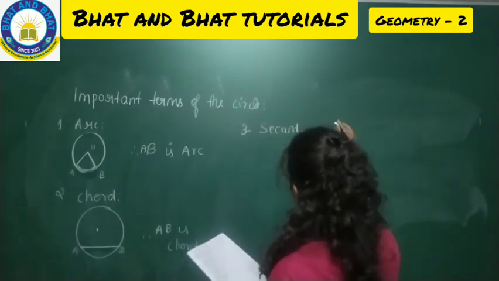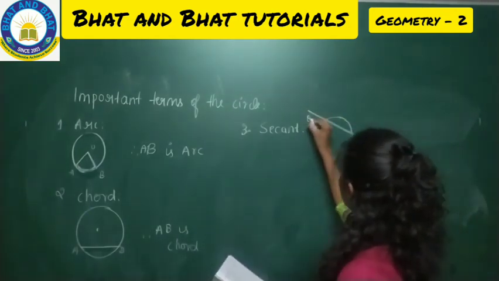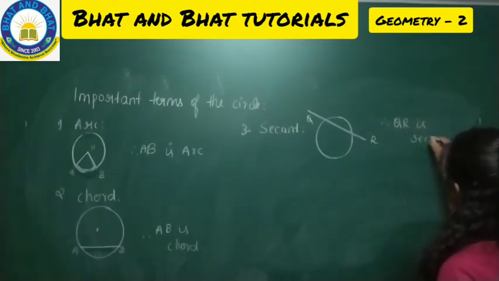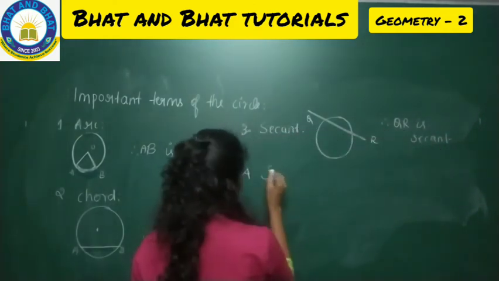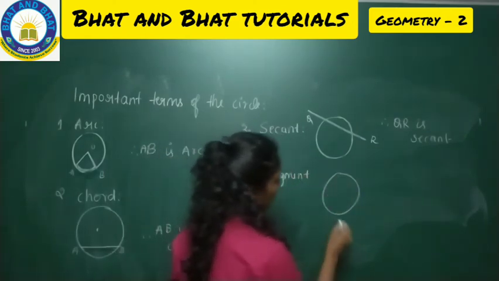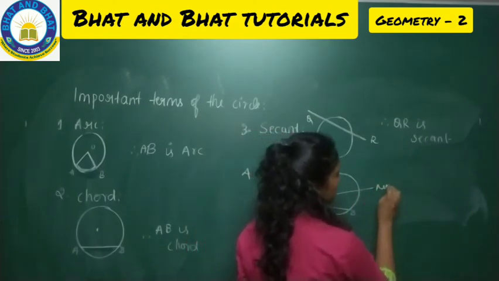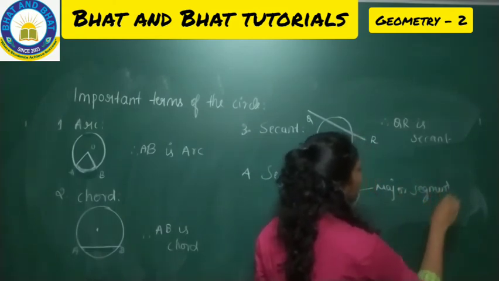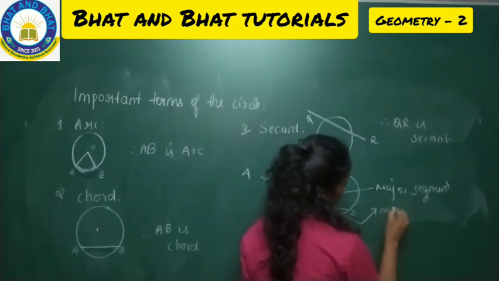Draw one circle, and if you draw a line like this, QR is a secant. Coming to the fourth one, that is segment. You draw one circle, and draw AB; this part is called the major segment, that means the larger one. And this we call the minor segment.